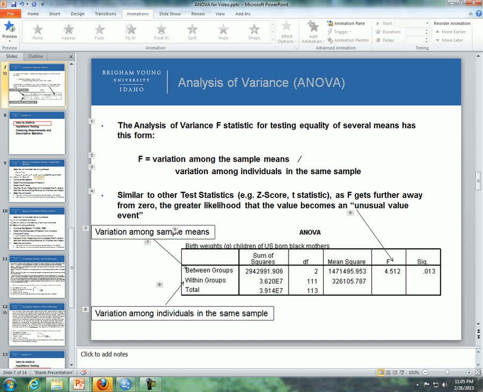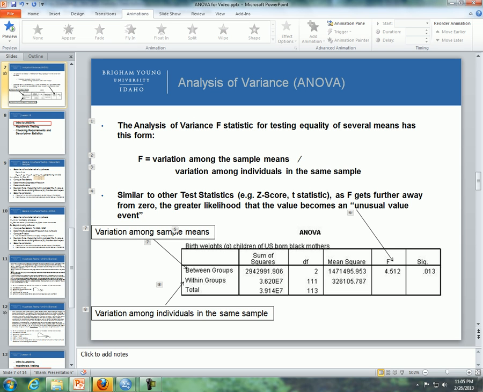So here's an example of an ANOVA table, and there's 3 or 4 basic things I want you to understand from this. First of all, this first row represents the variation among sample means, okay? And then the second row represents the variation among the individuals within the same sample.